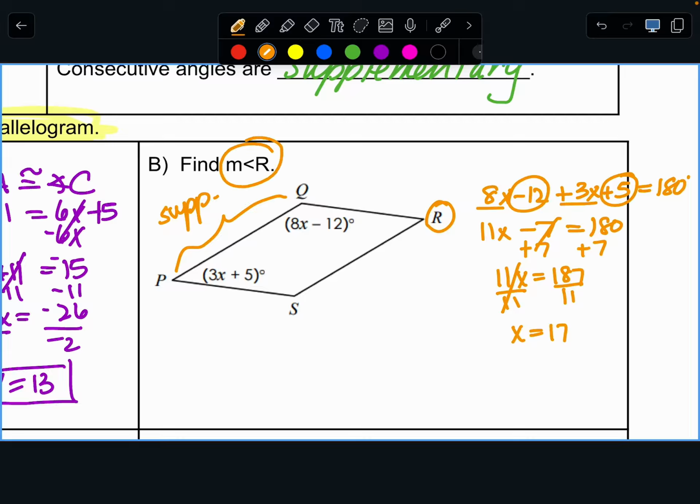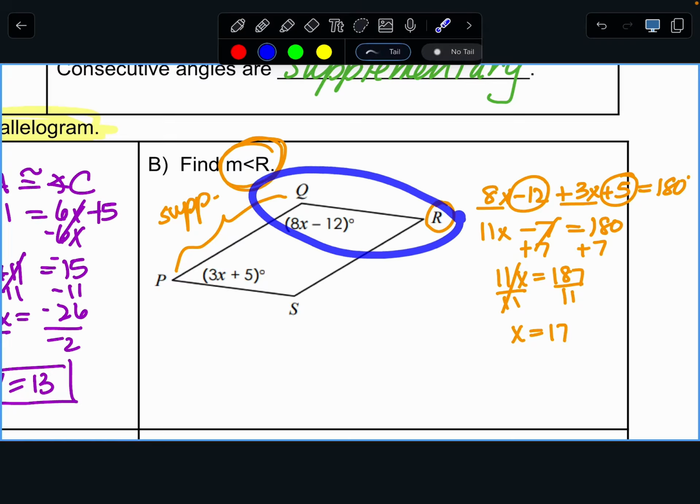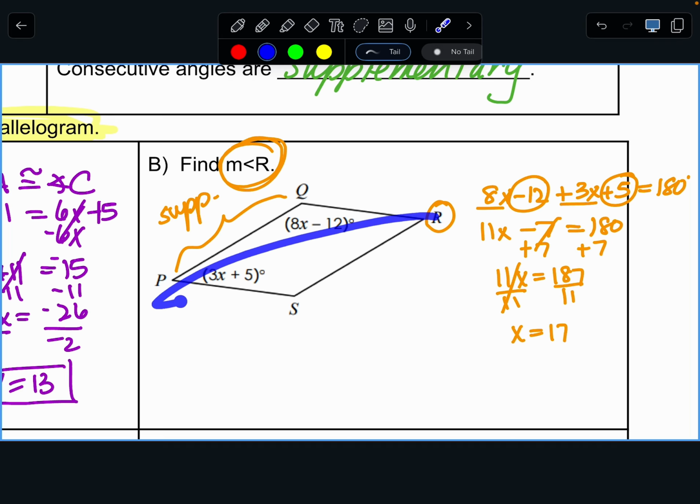Now I asked to find angle R, so that means we're going to have to do something else. So how can I find angle R? I can do it two ways. I can either know that this relationship is 180 degrees, or I can know that this relationship is congruent. I like that one better.